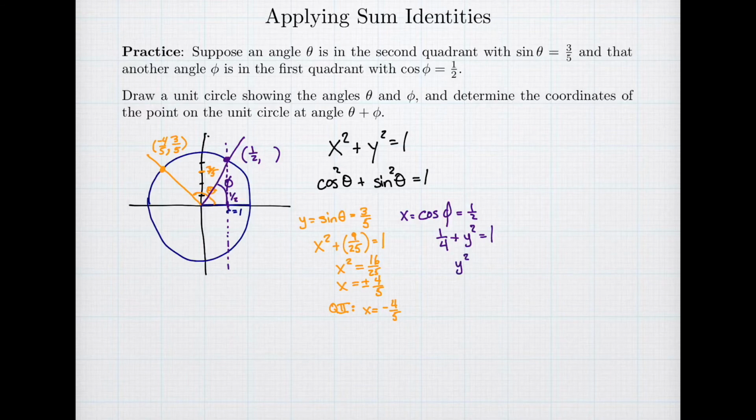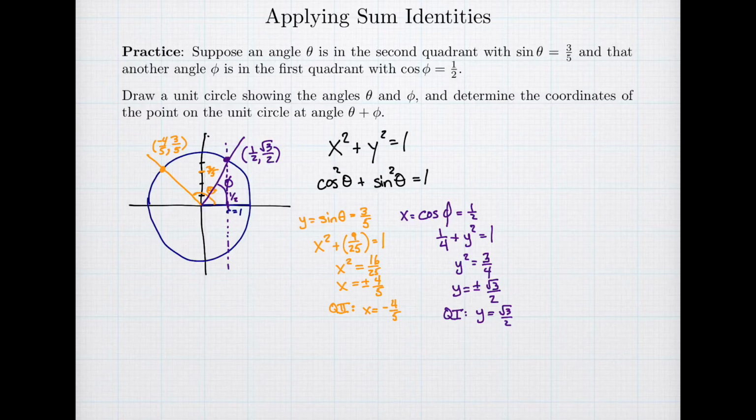So y squared equals 3/4. y equals plus or minus square root of 3 over square root of 4, that's 2. And again, I need to think about which quadrant I'm in. I'm in quadrant 1. And so my y values in quadrant 1 are positive. So I know my y value is positive square root 3 over 2. And so I can add that to my information.